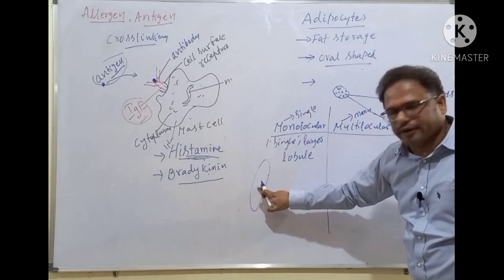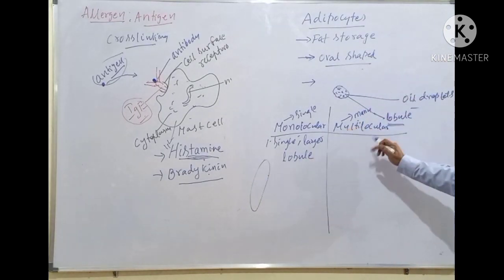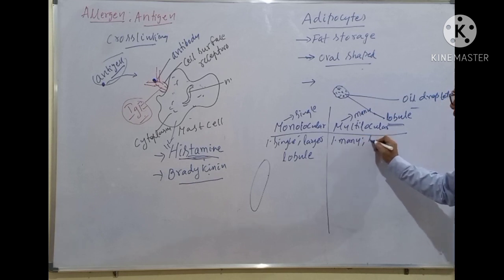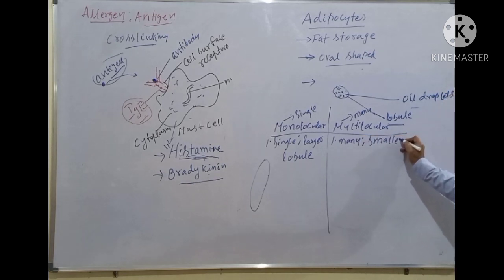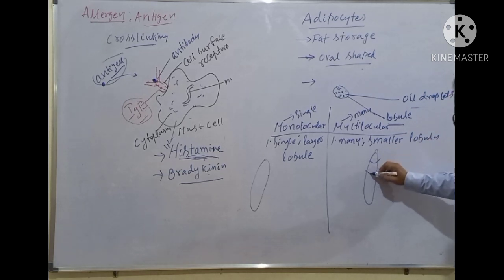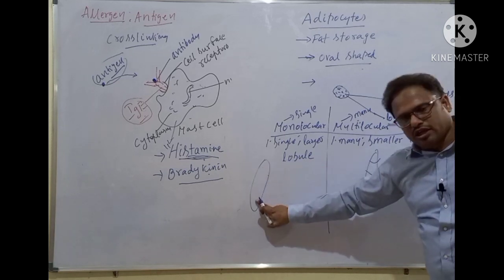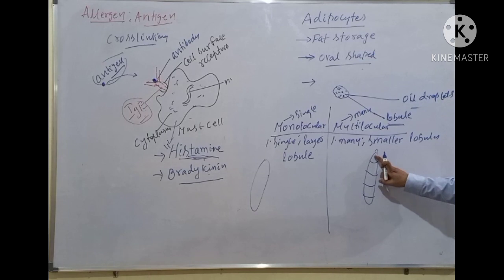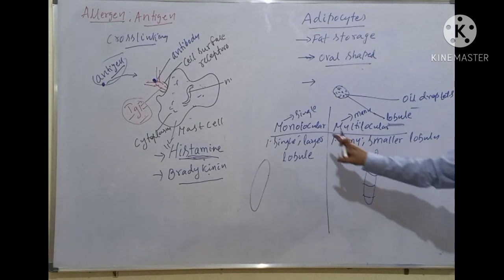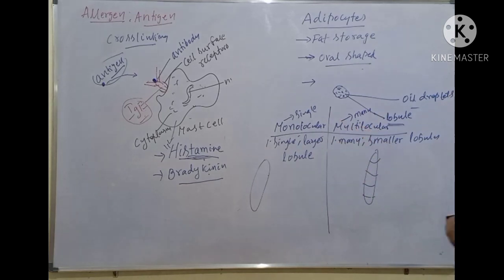Whereas in the multilocular, many smaller lobules are there. For example, this one is divided into parts like this. But here a single larger one is there, whereas here many smaller ones are there. That is why monolocular, multilocular.